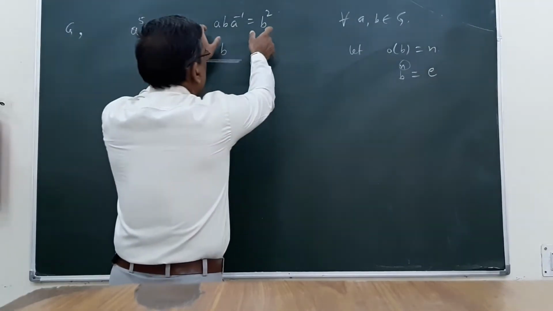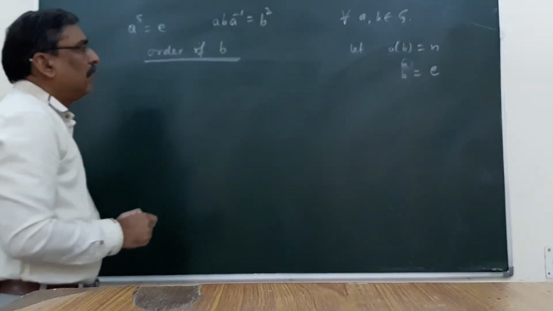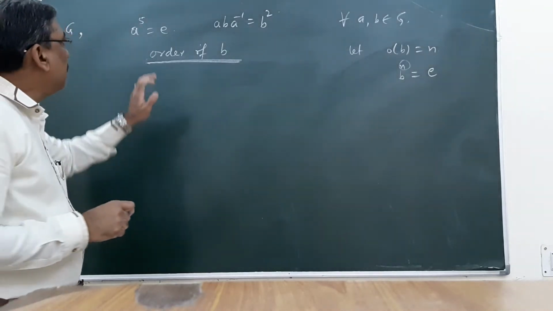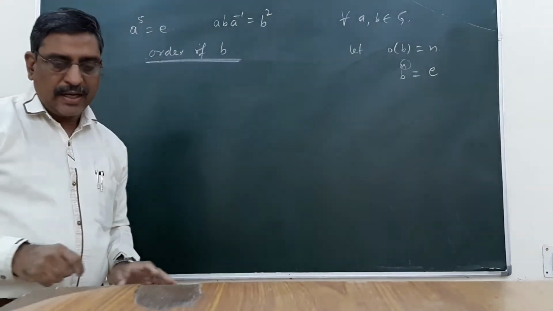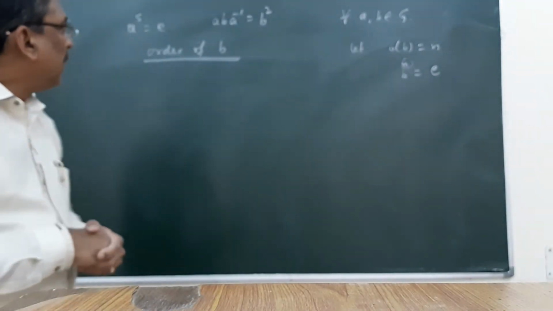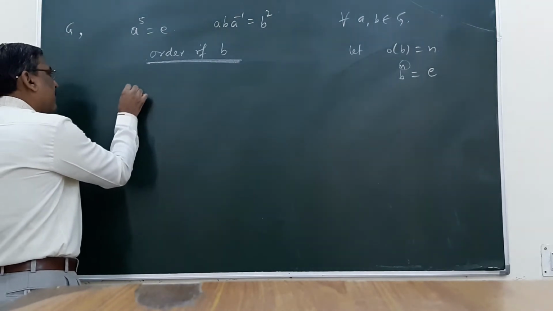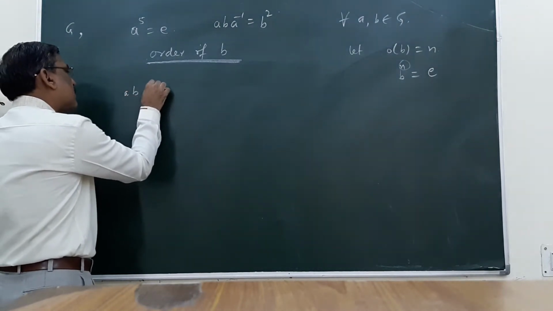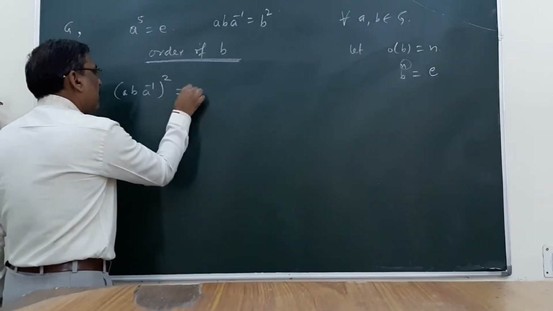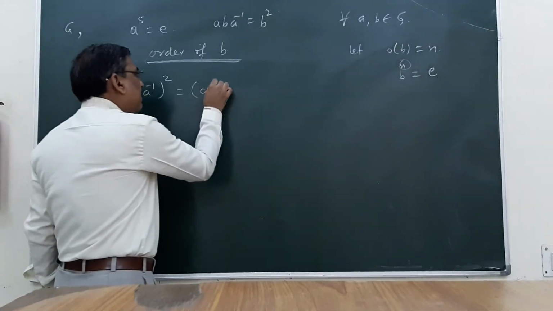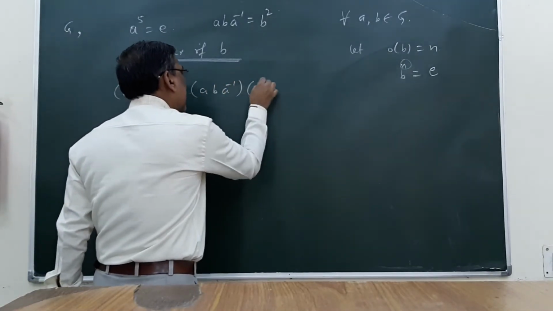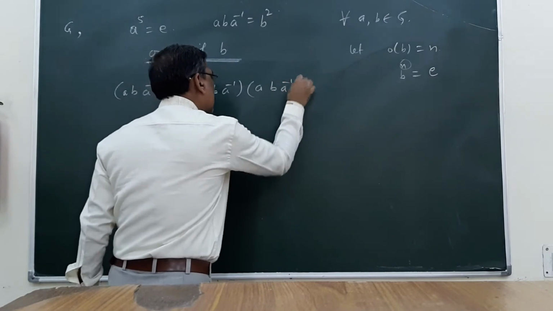Now, in order to find this result, we can use this result and this one. Let us start with a b a inverse. What will we get? a b a inverse and a b a inverse.